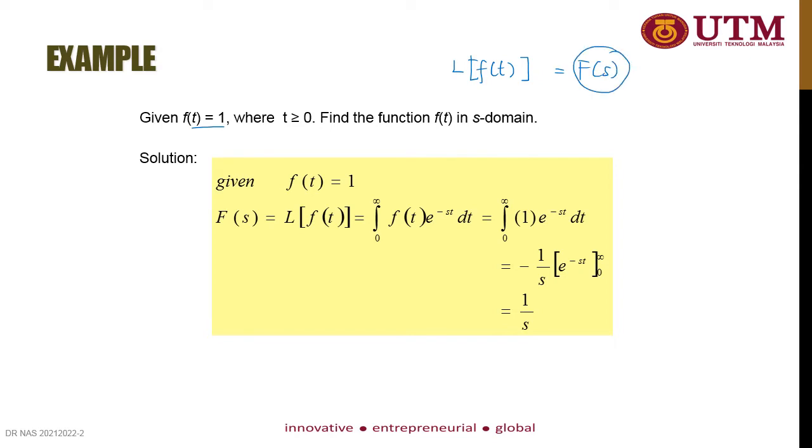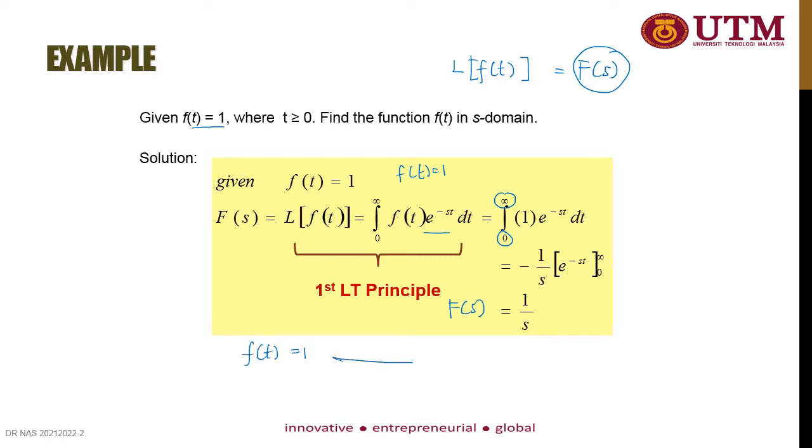In order to do that, you need to use the first principle, meaning that you need to integrate the given signal f(t), in this case f(t) equal to 1, multiplied by e^(-st) dt, and the limit is from 0 to infinity. Perform the integration so that you get F(s) equal to 1 over s. So in this case f(t) equal to 1, and when you do the Laplace transform, you get F(s) equal to 1 over s.